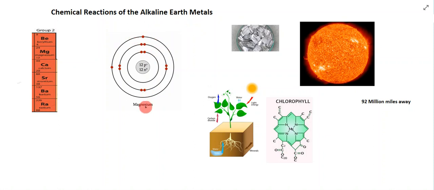In the case of magnesium, in order for its outer shell to be full, it needs to have 8 electrons in its outer shell. If we look at its outer shell, we can see that it has 2 electrons. So it can either gain 8 electrons from another atom, which is very hard to do, but the easiest thing for magnesium to do is just to give away these 2 electrons.